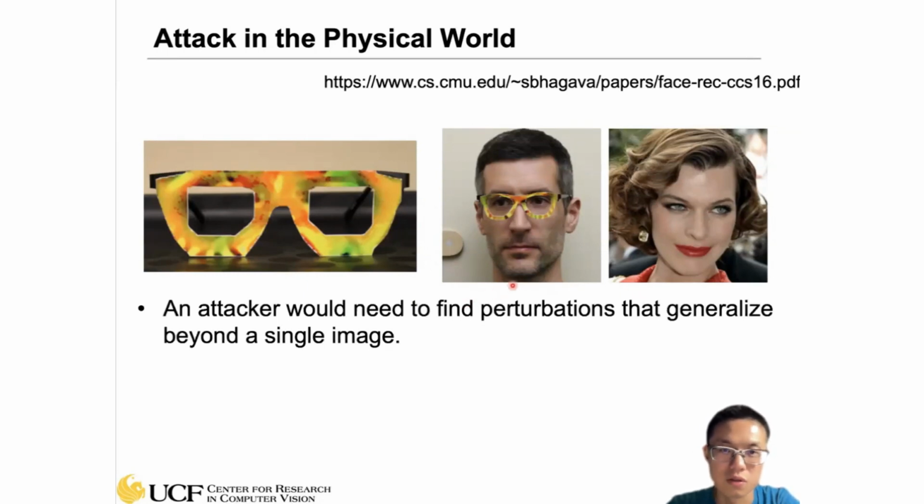And in the physical world attack, the attacker would need to find a perturbation that can generalize beyond a single image, which means this will have some of the properties of a universal adversarial attack. It's not like for a different person, the glasses don't work. You want many different people to wear these glasses and the machine learning model to fail the prediction. So in other words, this is more or less like a universal attack.